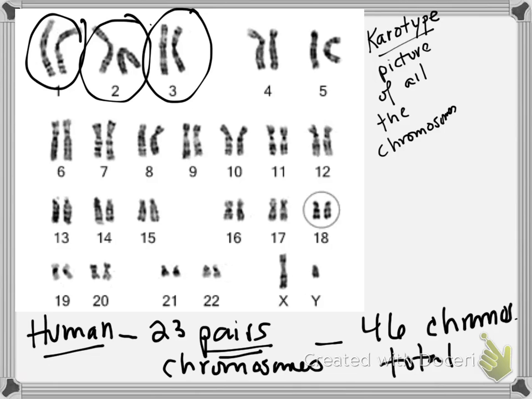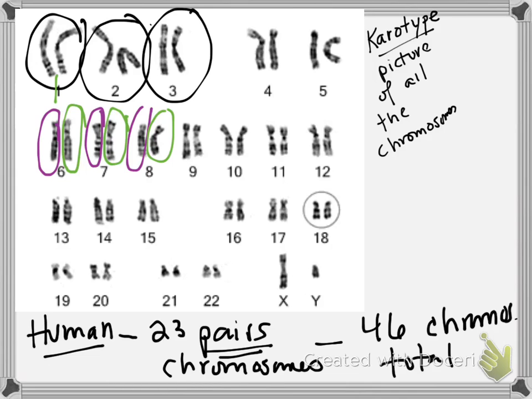Of these pairs, in every single case, one is from your mother, one is from your father. For each of those pairs, you got one of chromosome number 1 from your dad and 1 from your mom. You got one of chromosome number 2 from your dad and 1 from your mom. You got one of chromosome number 3. You get the picture.